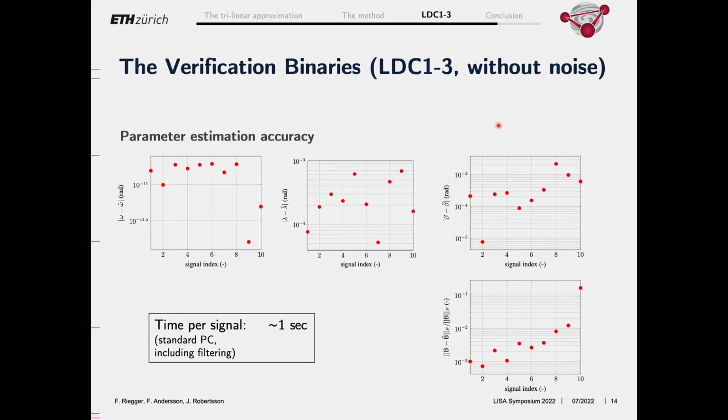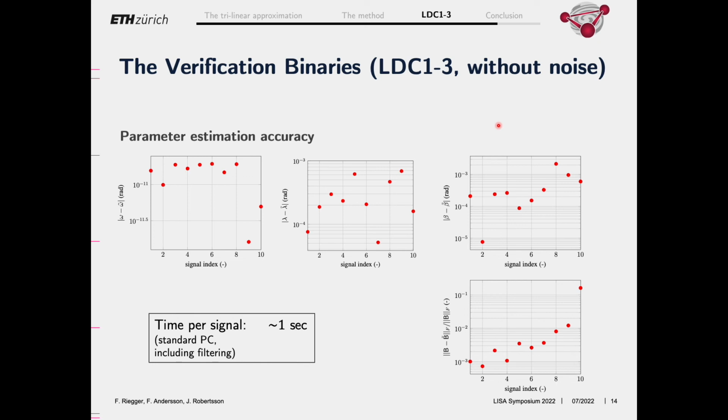Now, for the extrinsic parameters, we have decided to not show the errors in the parameters themselves, but instead show the relative error in the matrix B. The reason for this is that for small values of the inclination, it might happen that extracting the extrinsic parameters from B is not unique anymore.